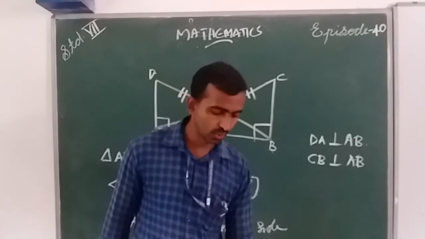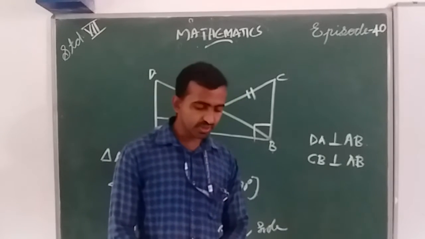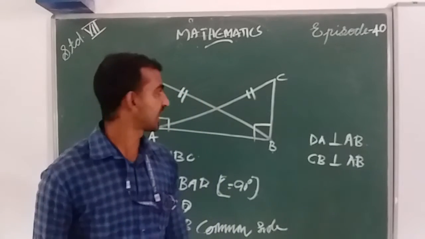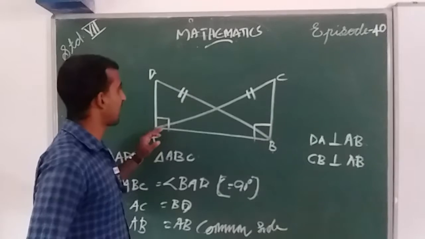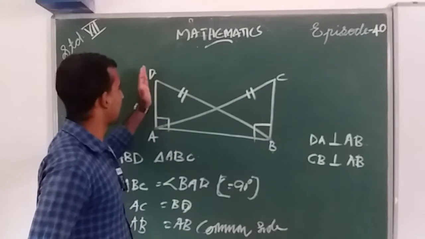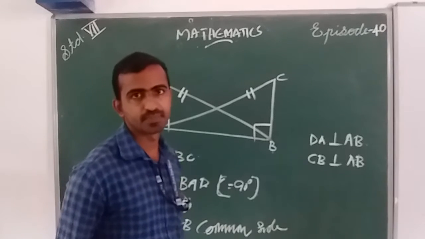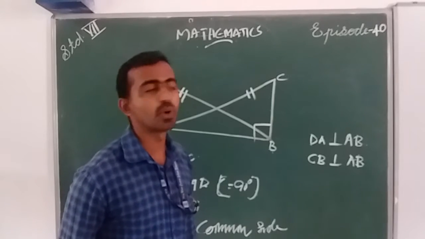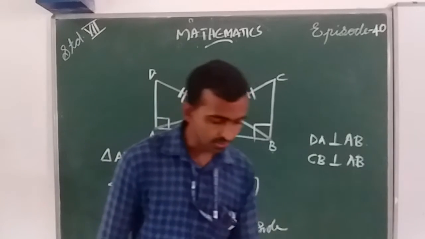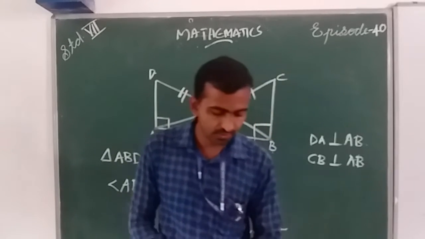And the second one is triangle ABC congruent to triangle ABD. That is not meaningful.